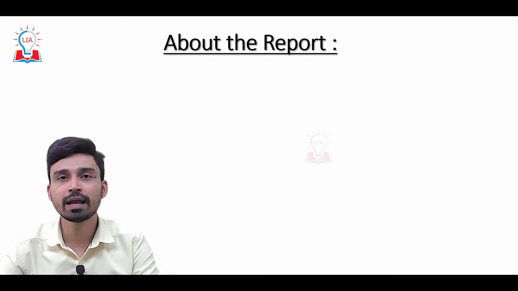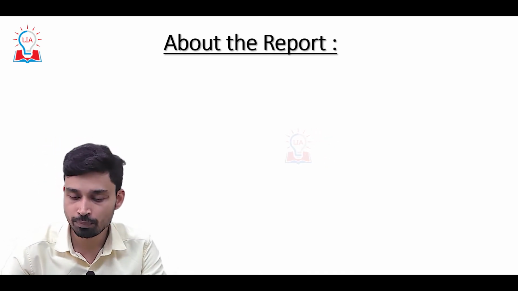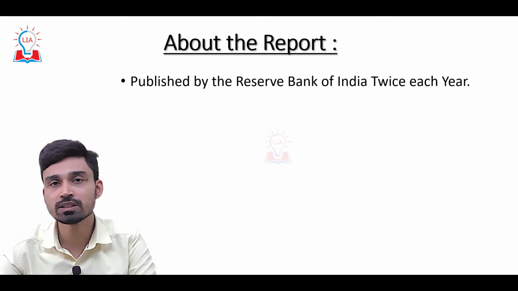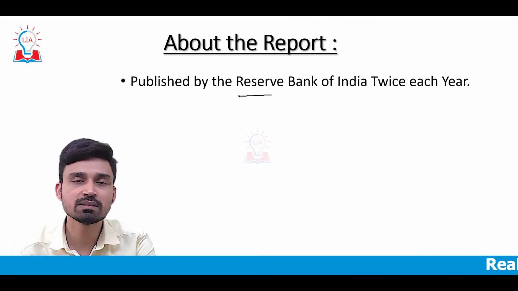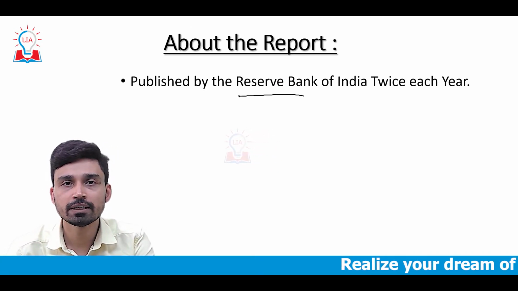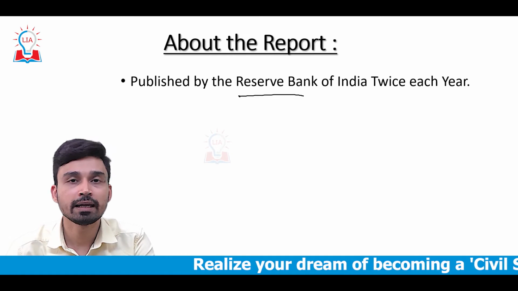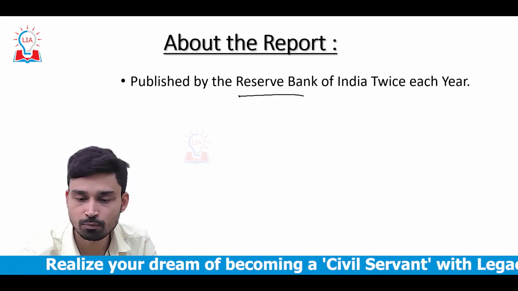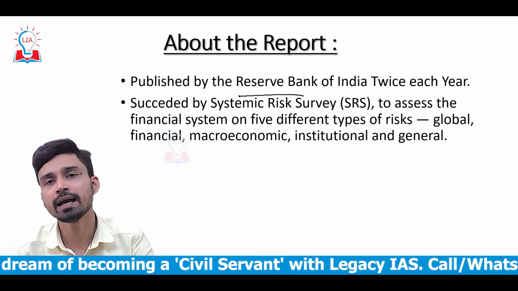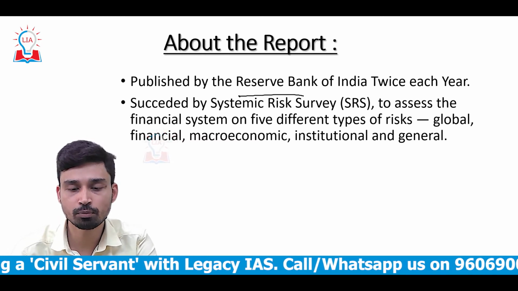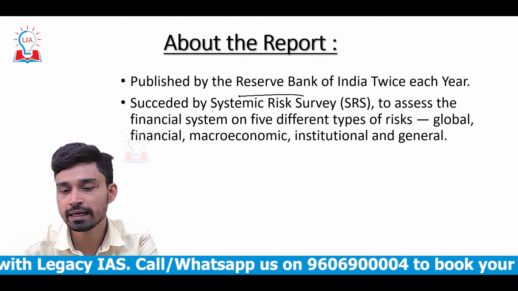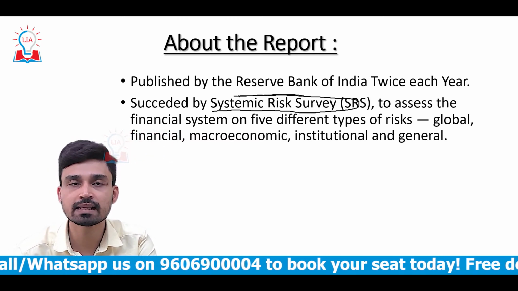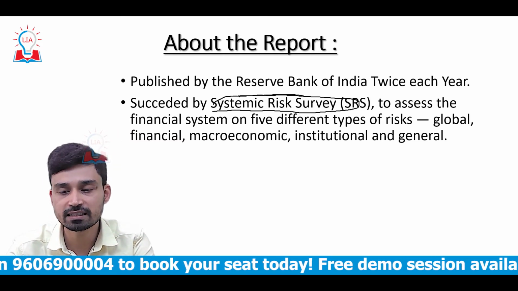First of all, let us understand some important points and background of this report. This report, as we discussed, is published by RBI twice a year, that is, every 6 months. As a part of this Financial Stability Report, RBI also conducts an exercise referred to as SRS, or Systemic Risk Survey.